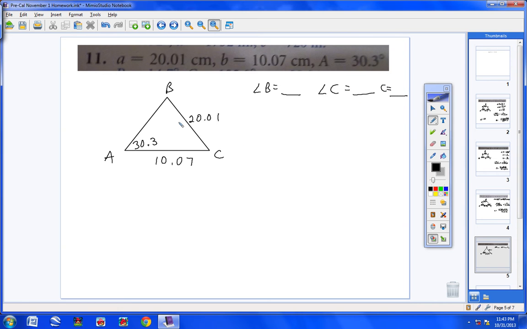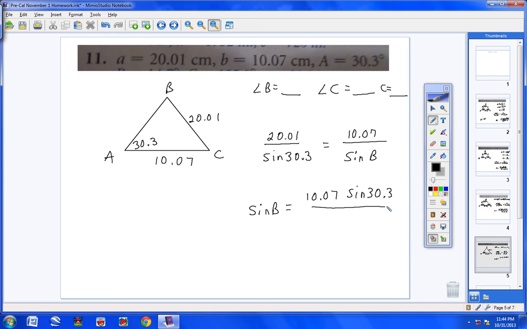All right, let's go ahead and take our pair, which is right here. There's our pair. So we know we have 20.01 over the sine of the opposite angle, which is 30.3, equals, and now let's go ahead and put side B as in boy, 10.07 over the sine of angle B. Now listen, if you cross multiplied and then divided, you would be left with the sine of B equals 10.07 sine of 30.3 divided by 20.01.